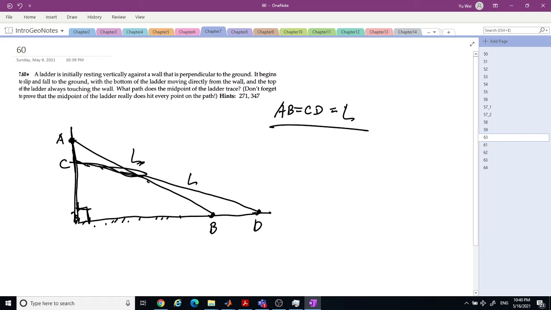So the question is asking us to see what is the path of the midpoint of M and N, right?